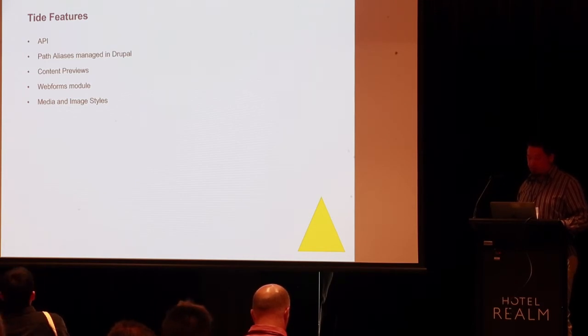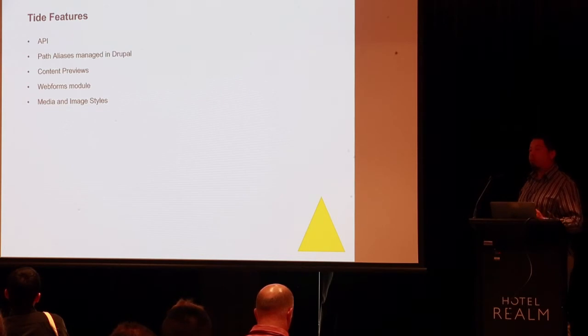Path aliases and dynamic routing is something I'm pretty happy with, how we're working with that in Drupal and all the way through to the front end. One of the issues with having multiple sites in the back end is that we need to manage a single path alias that can go across a number of different sites.